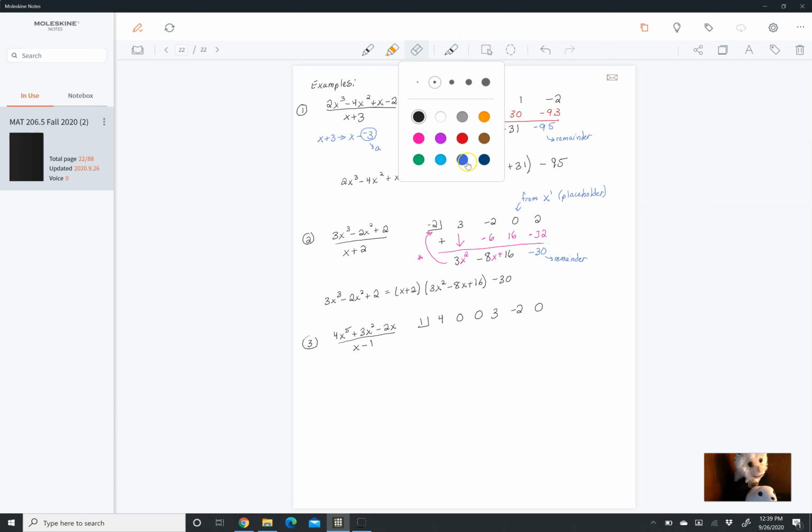Okay, so this 0 comes from x to the 4th, because there isn't any. This 0 comes from x cubed, because there isn't any. And this 0 comes from x to the 0, because there isn't any.